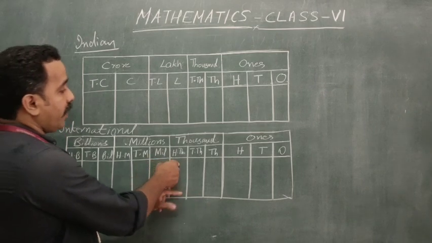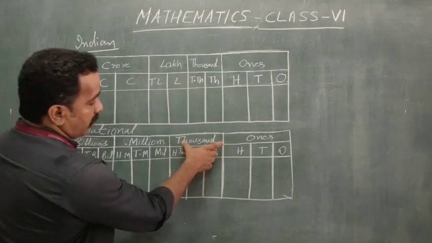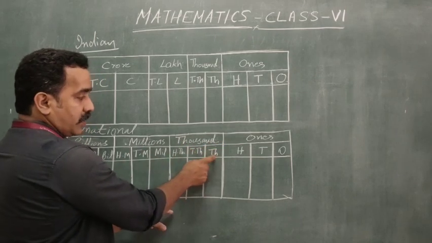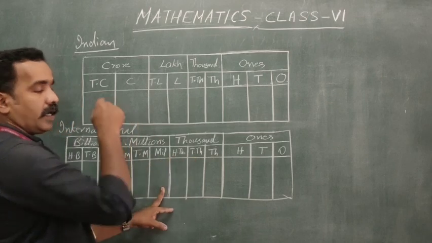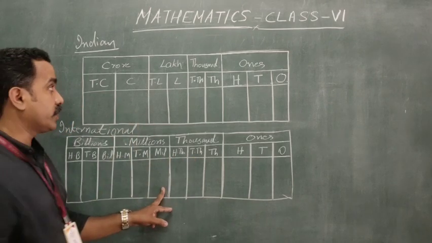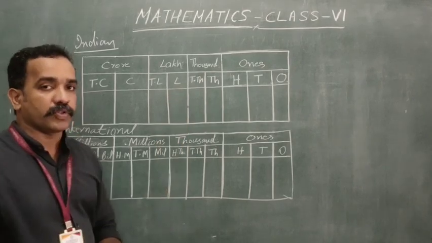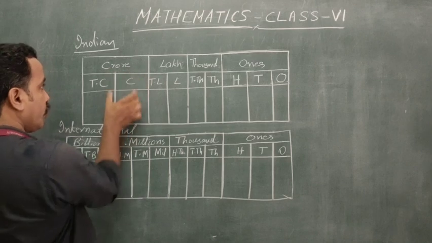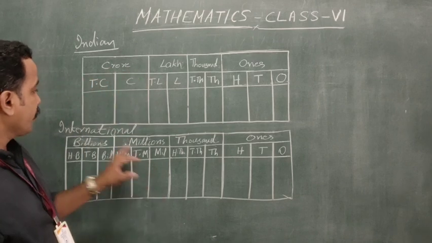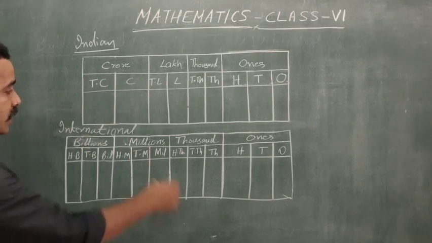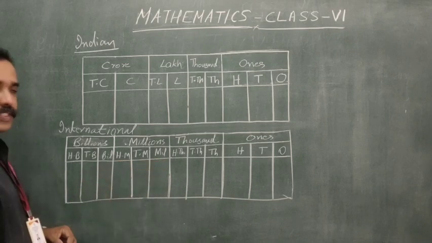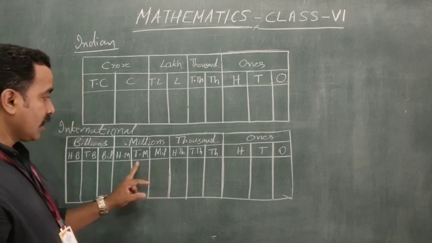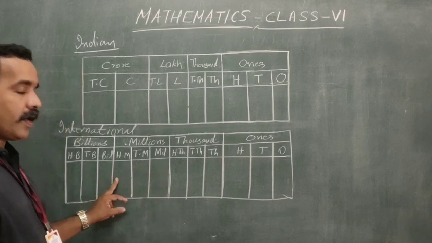In the Indian place value chart, the third group is the lakh group with 2 digits, and the crores group also has 2 digits. But in the international place value chart, there we find 3 digits again: million, 10 million and 100 million.